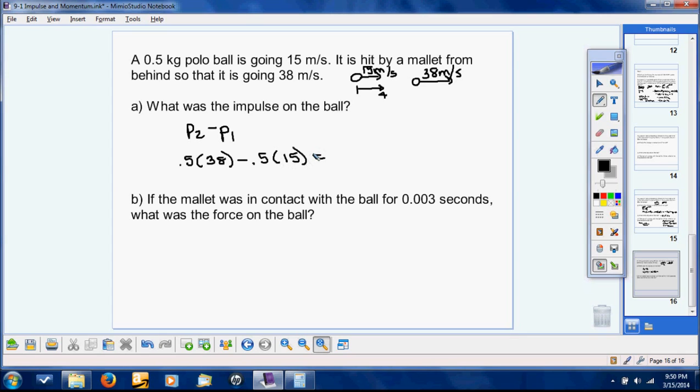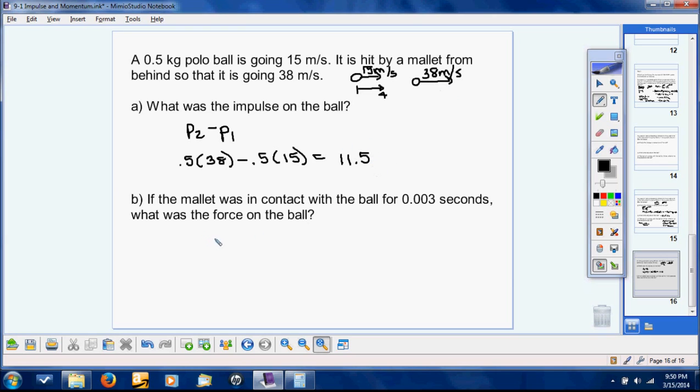So the impulse, 0.5 times 38 minus 0.5 times 15 equals 11.5. Makes sense that this comes out to be positive because the impulse has to be in the same direction in order to make it so that it's going faster.